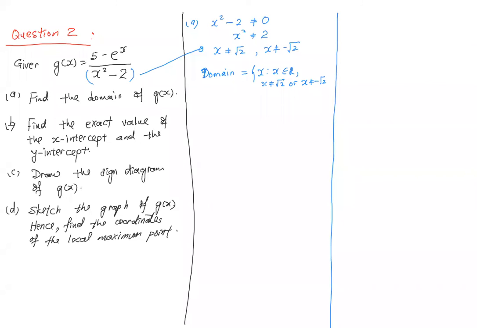Part B. Find the exact value of the x-intercept and the y-intercept. This one, every one of us is familiar already. So we want to find the x-intercept. We put 0 equal to the function, so 0 times x squared minus 2 equal to 5 minus e to the power x. 0 times anything is 0.